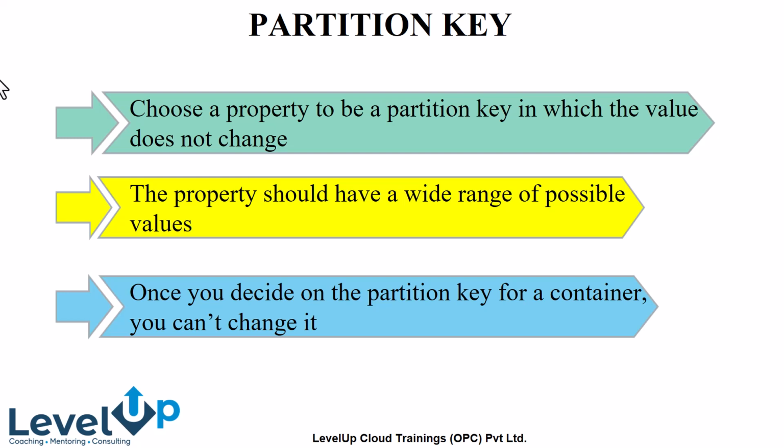If it has a wide range of possible values, this ensures that your items get spread across multiple partitions, rather than all the items belonging to just one partition. If the property does not have a big range of values, it will be an issue when it comes to queries.